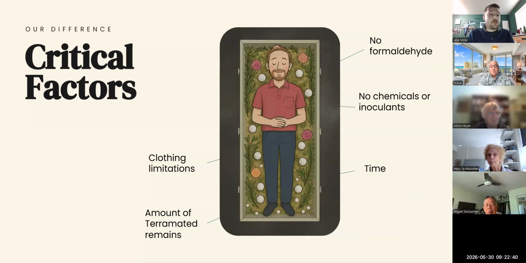That allows for modesty when families want to see their person, but it can also break down through terramation as well. Once again, going back to the amount of remains that comes from terramation, we like families to be very well aware of what to expect. Even though it's not expected that they take the full portion, we do want people to know what they're going to be receiving when their person comes back home to them.